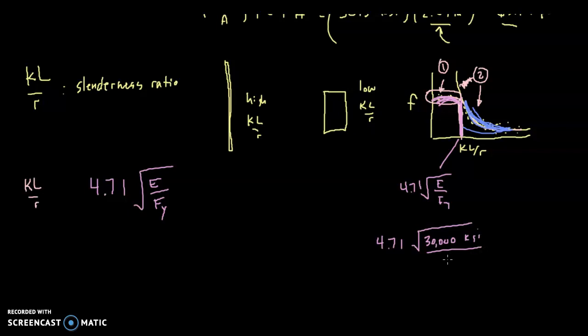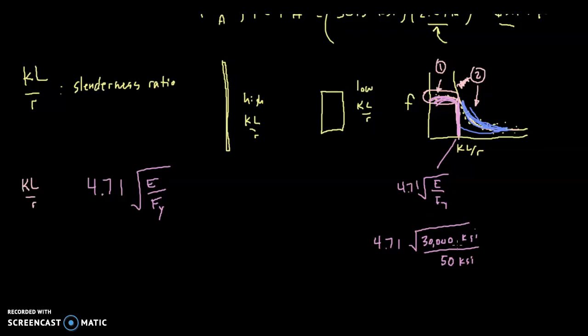And A992 steel, that's used for wide flange beams, has a yield stress of 50 KSI. So if we find that cutoff point, 4.71 times the square root of 30,000 over 50, we get 115.4.